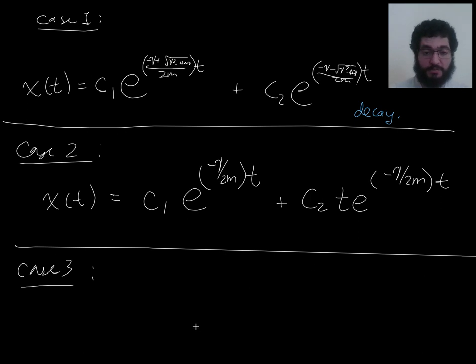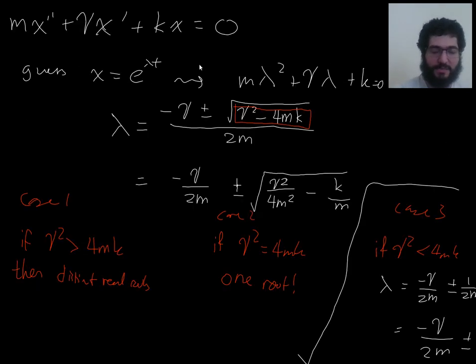Okay, and then in case 3, we're going to get oscillation. So I haven't written exactly what happens, but we get some kind of oscillation. Now these have names, and the motivation for the names is what causes us to enter into different cases, or one way of looking at what causes us to enter into different cases. Case 1 has big gamma, right?